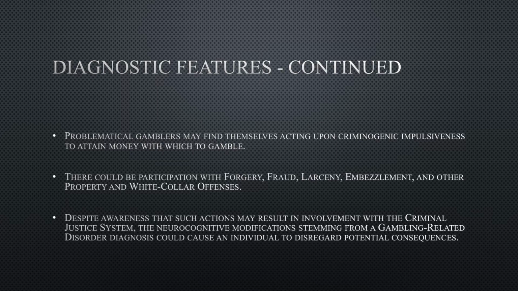The neurocognitive modification stemming from a gambling-related disorder diagnosis could cause an individual to wholeheartedly disregard potential consequences. And like I just mentioned, which could also include spending the rest of your life in prison or having a specific date and time in which capital punishment will be carried out.